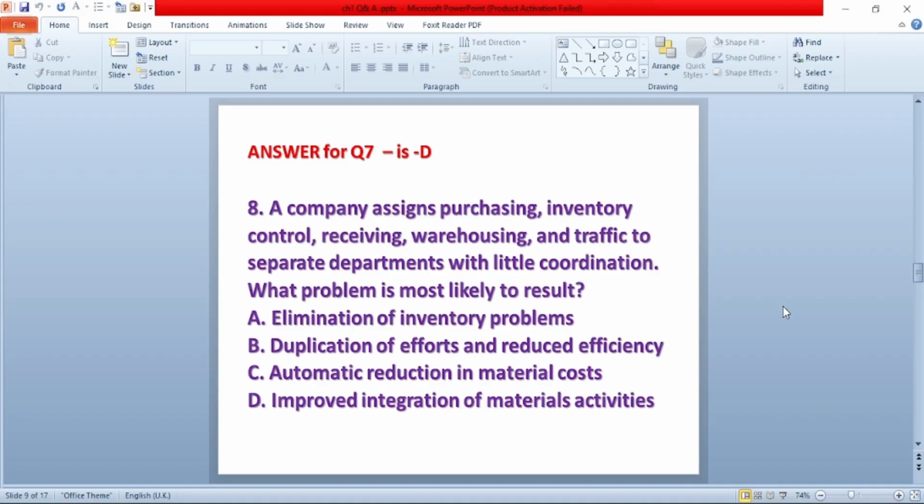B. Duplication of efforts and reduced efficiency. C. Automatic reduction in material costs. D. Improved integration of materials activities. The answer for this question is B. Duplication of efforts and reduced efficiency.